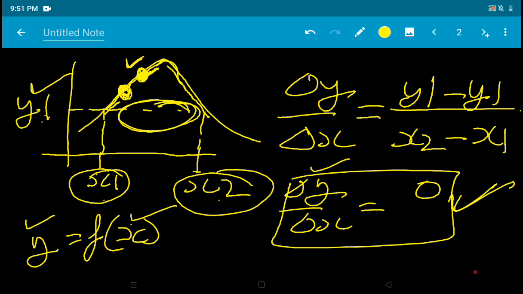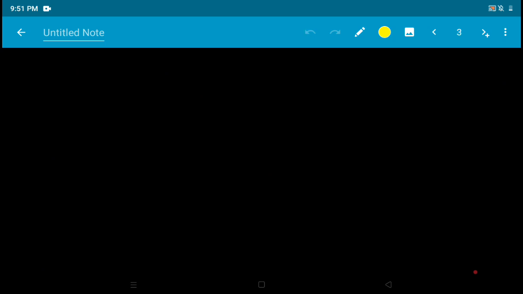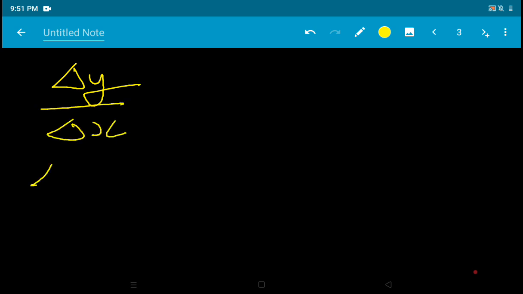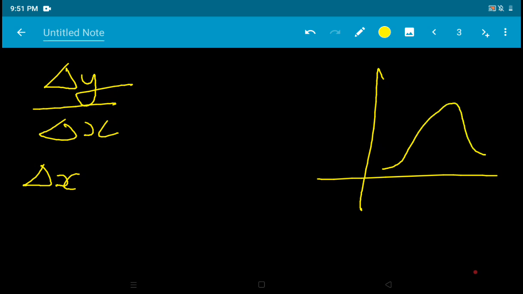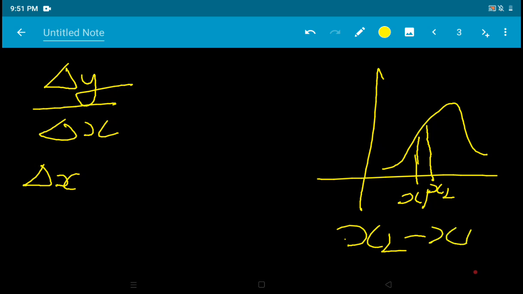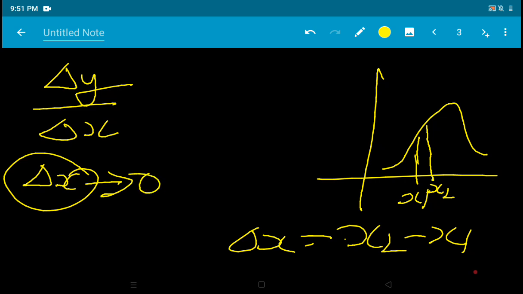Now let's look at how I will define the instantaneous rate. I will say delta y by delta x, the similar thing, but here I will make sure that x2 is very very close to x1, such that x2 minus x1, delta x, is very very close to 0.